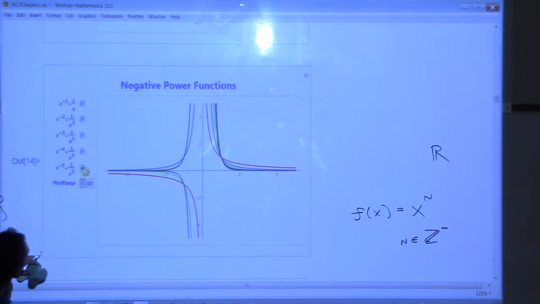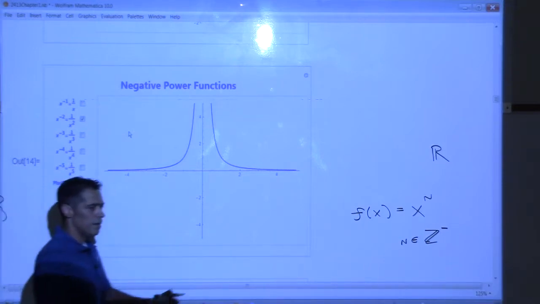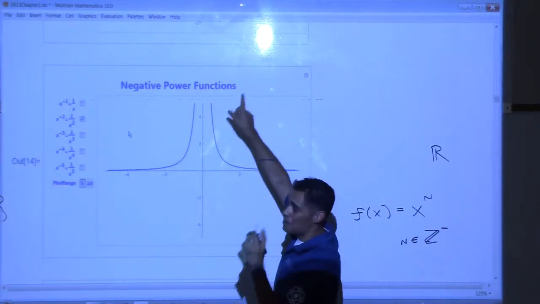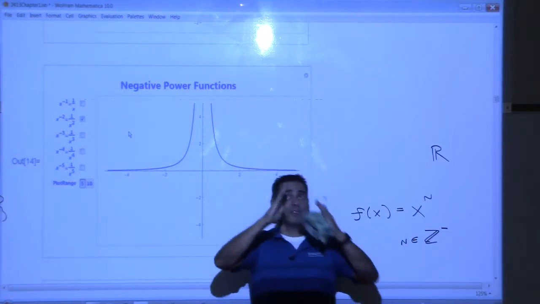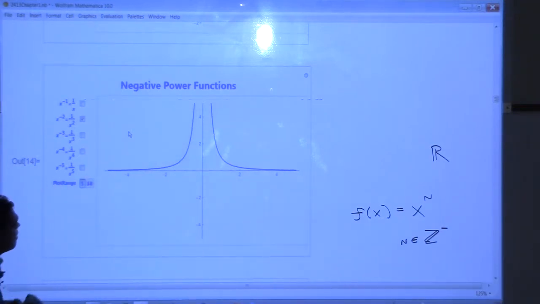Now, the other one I like here, other than 1 over x, is 1 over x squared. Sometimes I'll refer to this as the volcano function. It's like a volcano, but at the center of the volcano there is no real peak to it. It just goes forever. Okay.